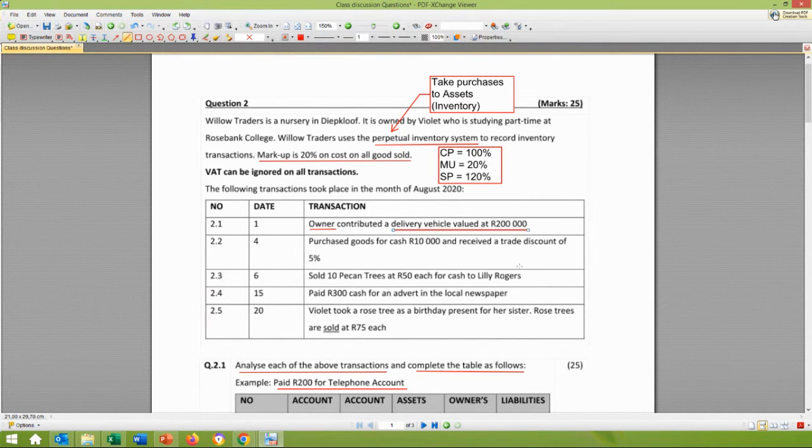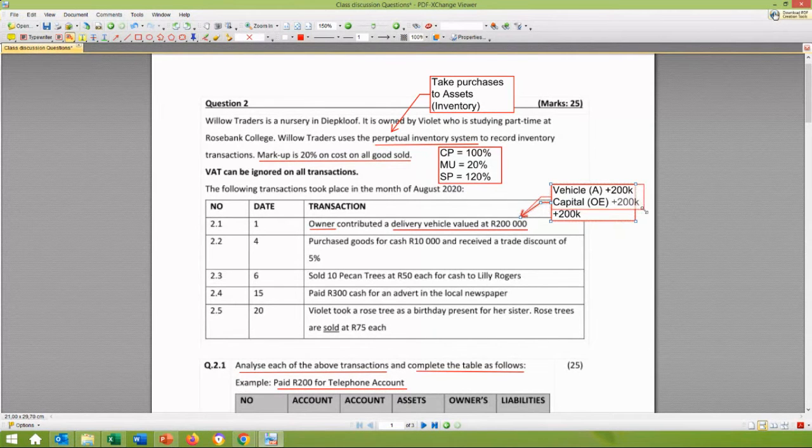The first thing we know is we received a vehicle, which is an asset, so that is going to increase by 200K. The owner gave us that vehicle. When an owner puts something into the business, that is seen as capital, which is owner's equity, which will also increase by 200K.